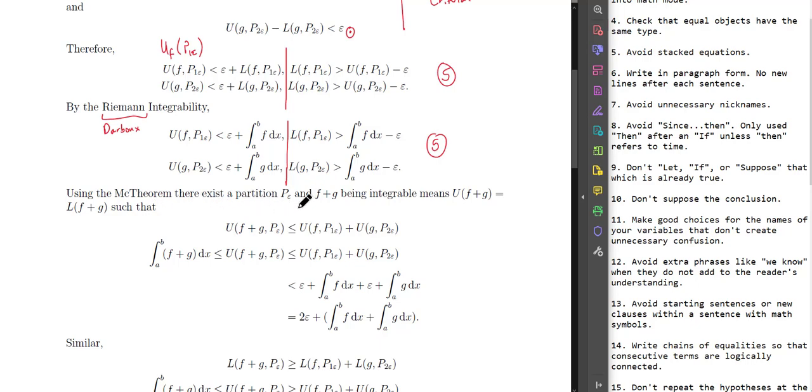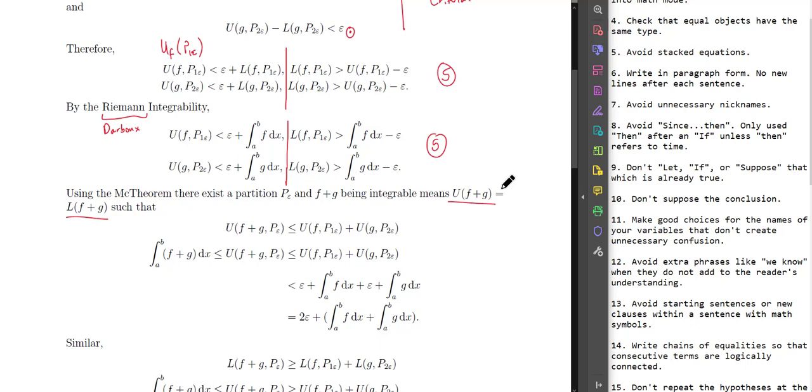So there exists a partition, so you're saying a single partition, and f plus g being integrable means that U of f plus g equals, I don't know what this means. I don't know what you're talking about here, because when we write down U of f plus g, there needs to be a partition now, right?